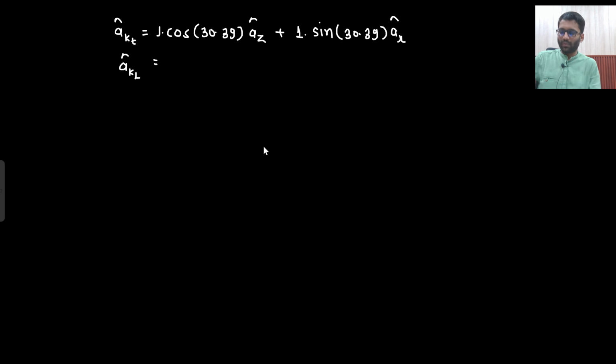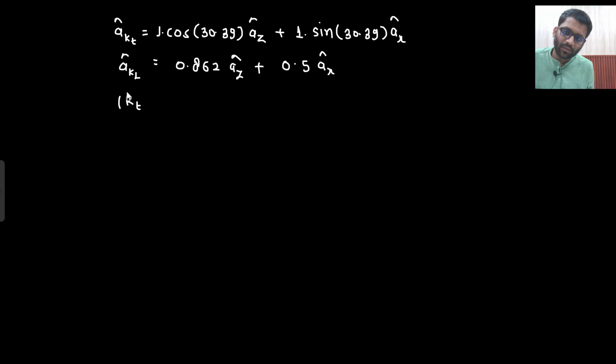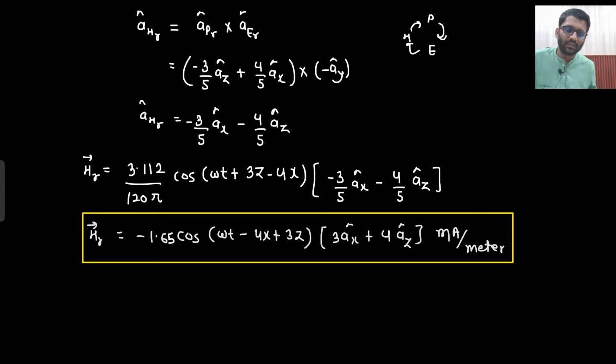So what would that be? Cos 30.39, so that is 0.862 AZ cap plus sine 30.39, that is 0.5 AX cap. And what was the magnitude? Magnitude was 7.9.